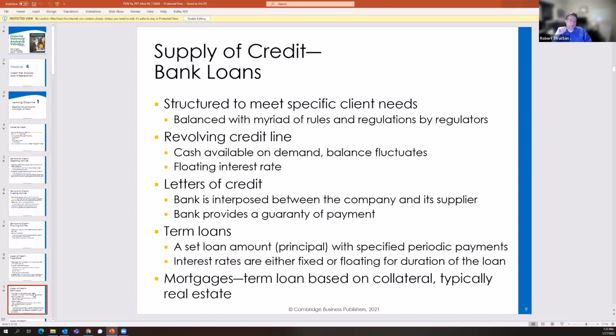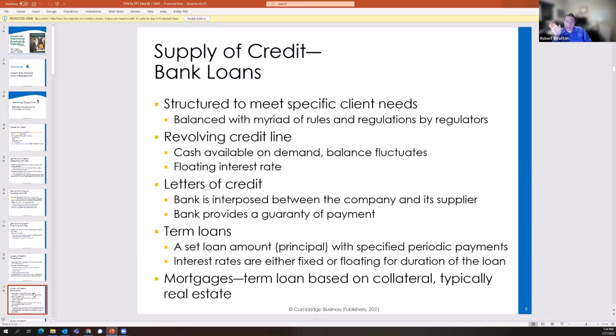One of the options was to have our own bank give them a letter of credit saying we will back it up, so that we will pay up to $100,000 if my company doesn't pay. That's a letter of credit. The bank provides a guarantee of payment. They're not actually providing any money, but they're guaranteeing that if needed, they will pony up the money.